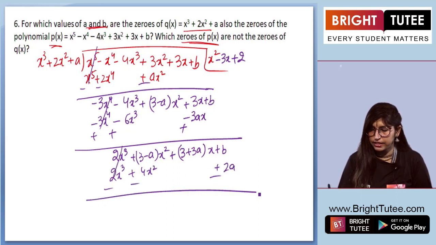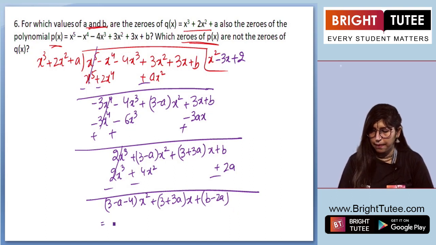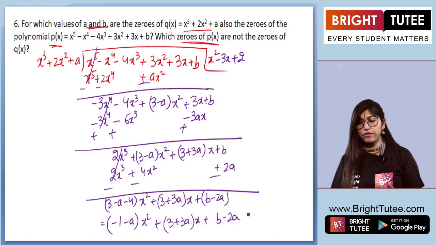Changing the sign, cancelling it out, we are getting 3 minus a minus 4x^2 plus 3 plus 3ax plus b minus 2a. Now, once we solve, we'll be getting minus 1 minus a x^2 plus 3 plus 3ax plus b minus 2a.